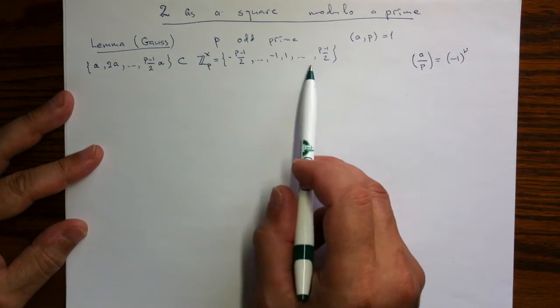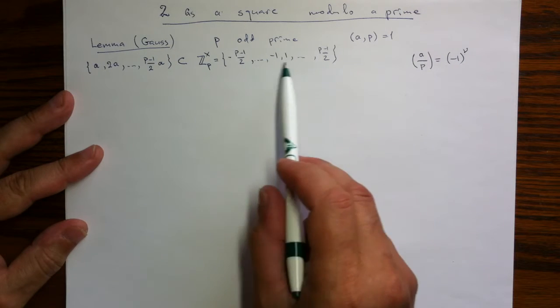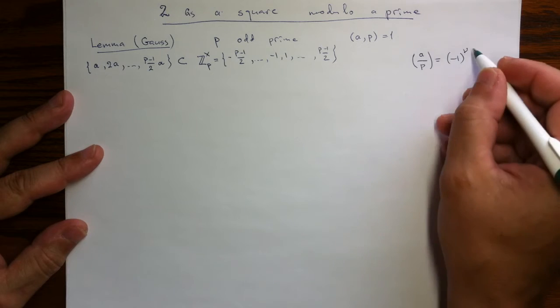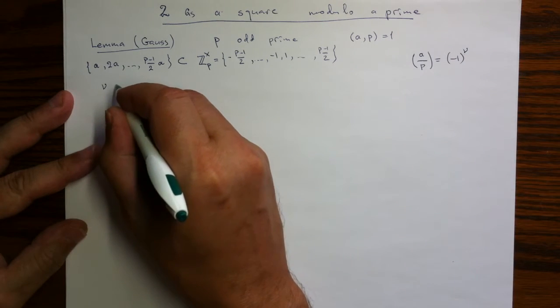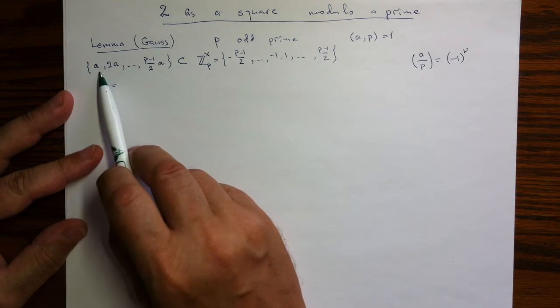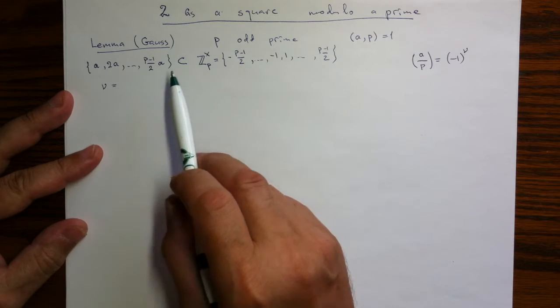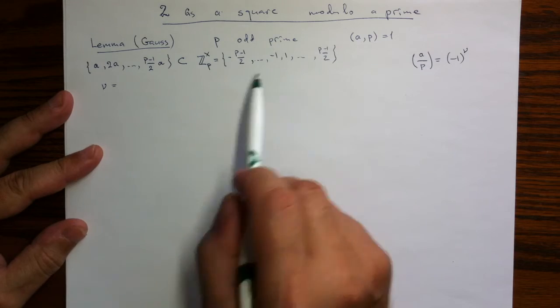So that way I will have the remainders placed symmetrically. Then this exponent is just the number of these multiples which are negative, which are in this negative range.